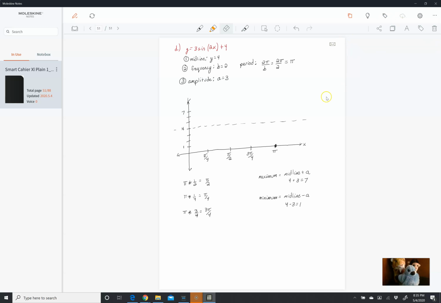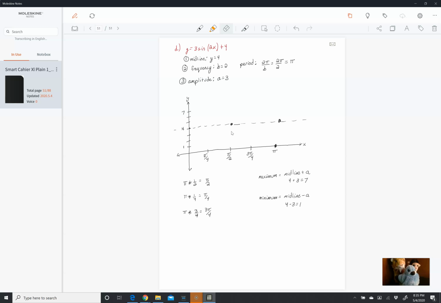So we need to put in our points. Now this is sine, so this is a y, by the way, up here. That did not come out at all. This is a y. Okay. So in sine, we start at our midline and we end at our midline. This is why you have to know what the sine and cosine graphs look like. Now halfway through, we're at our midline. I don't know why it came out all the way over there. It looks perfect on my paper.